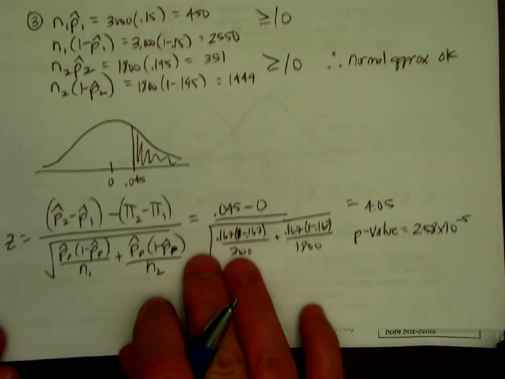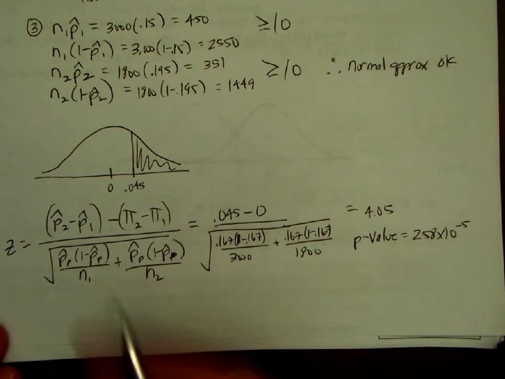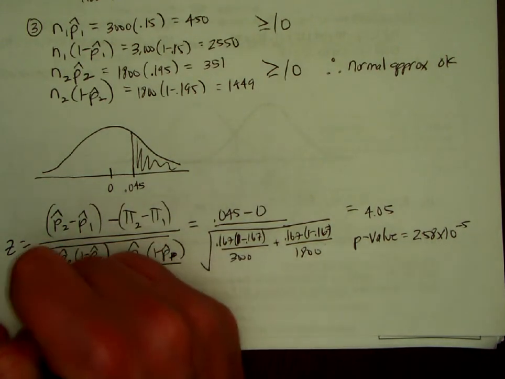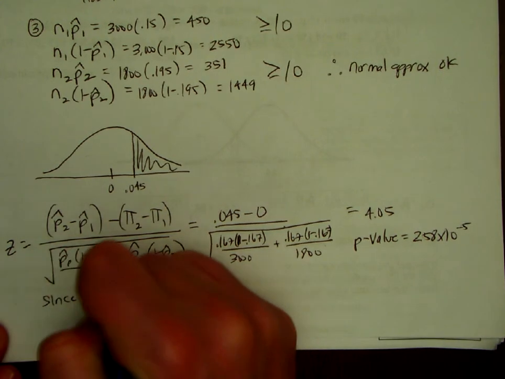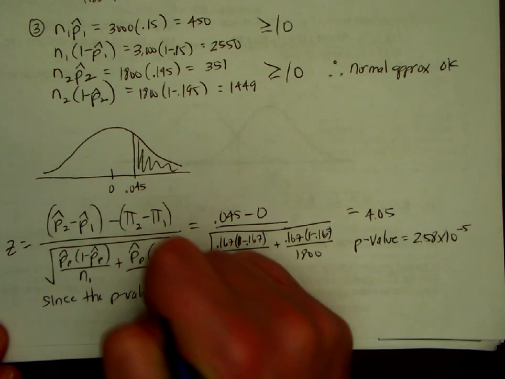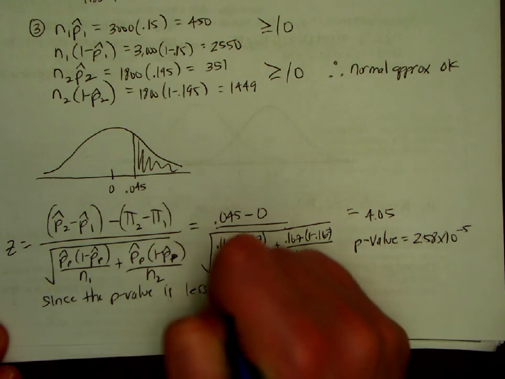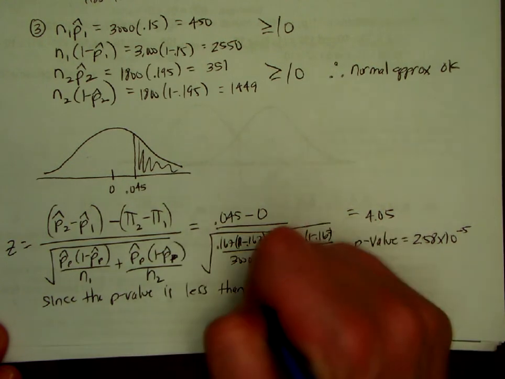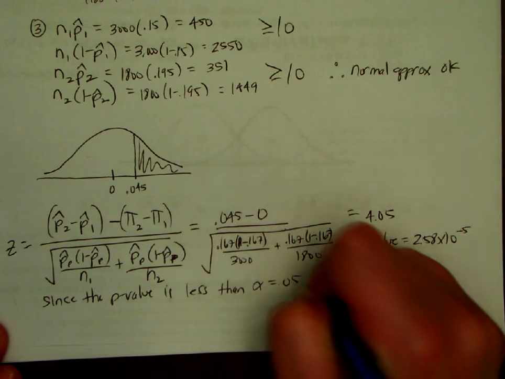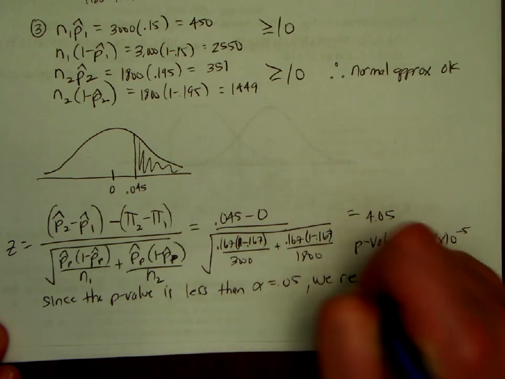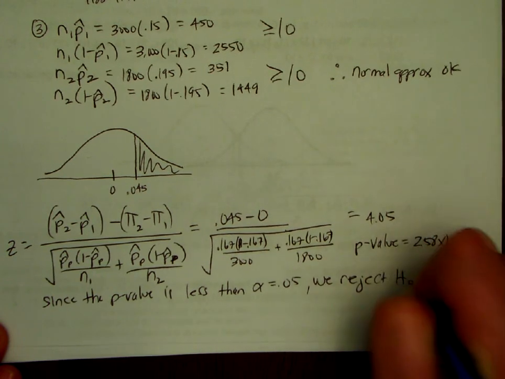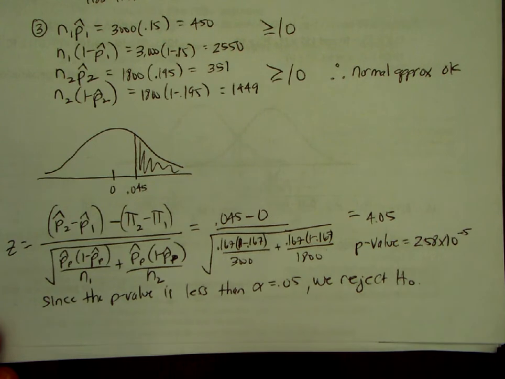So I will end this with my conclusion. So since the p-value is less than alpha equals 0.05, we reject H0.